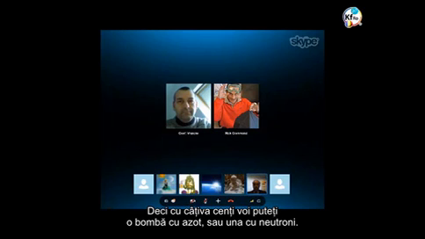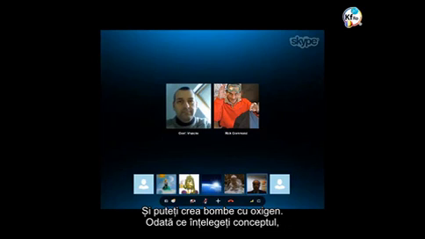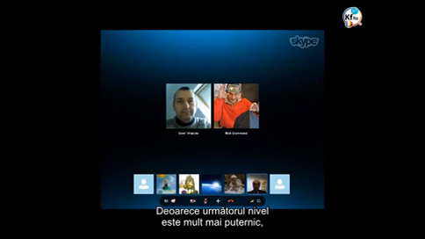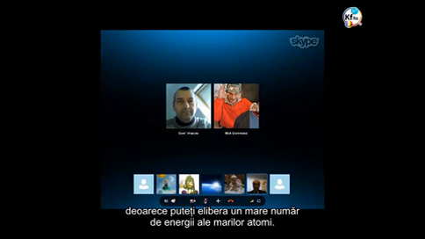So in a matter of a few cents, you can create a nitrogen bomb, neutron bombs, and you can create oxygen bombs. Once you understand the concept, the neutron bombs and the hydrogen bombs become meaningless, because the next level is more powerful, because you can release a large number of energies of bigger atoms.